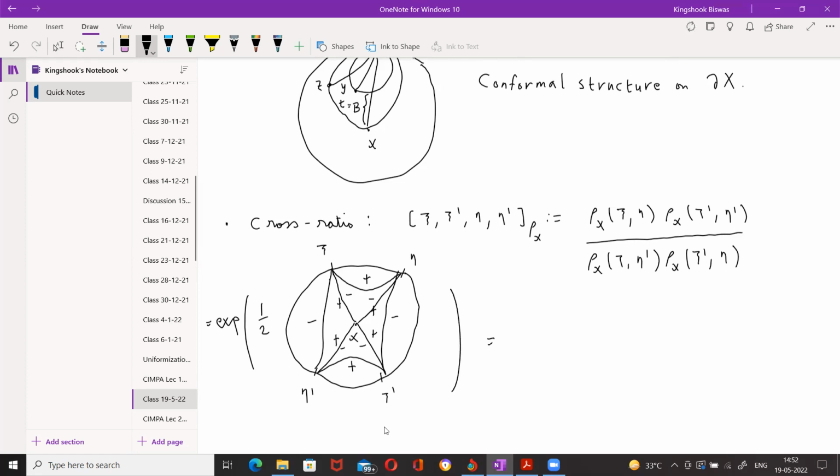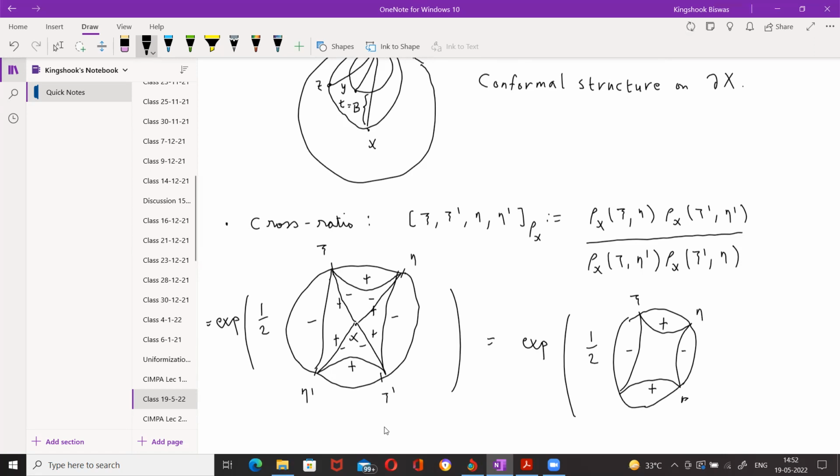So this actually becomes an alternating sum of infinite distances, which does not depend on x at all, right? X is no longer in this picture.